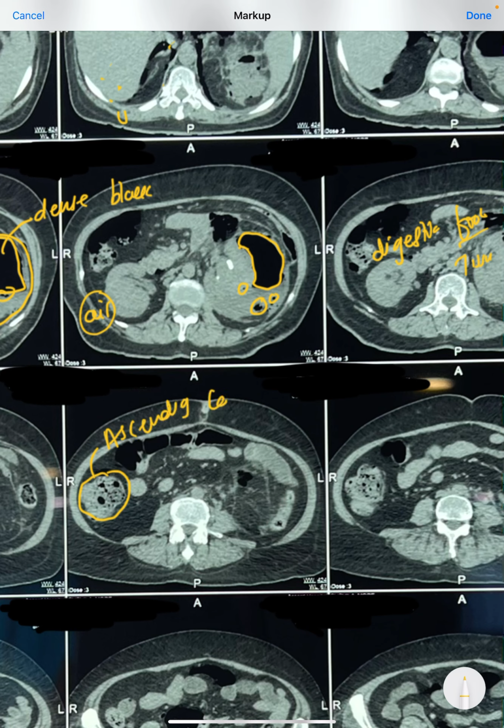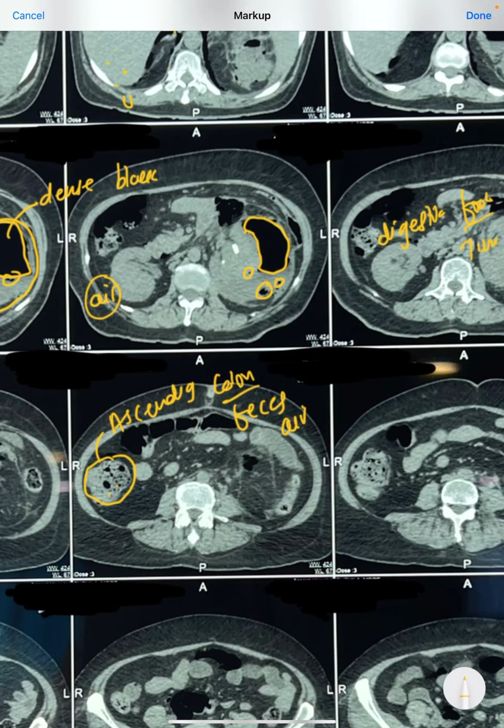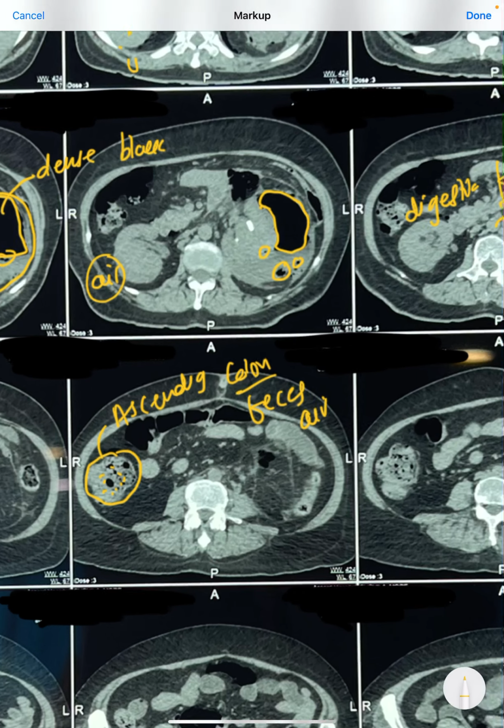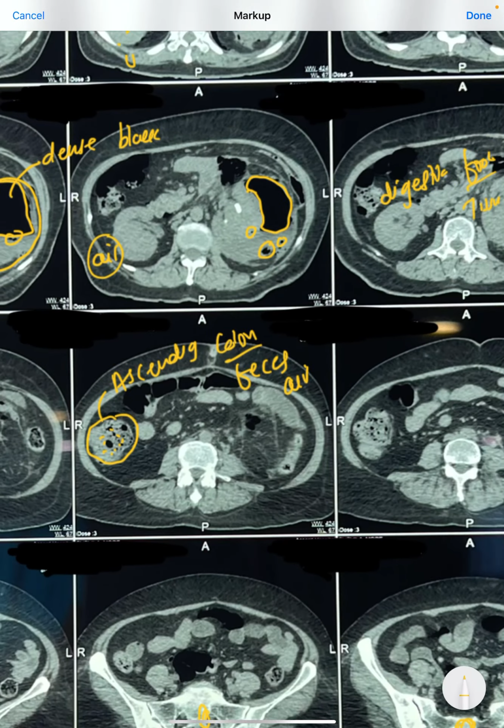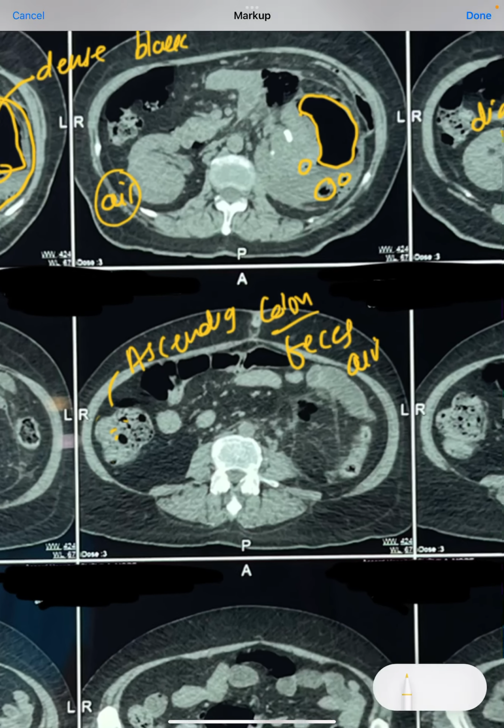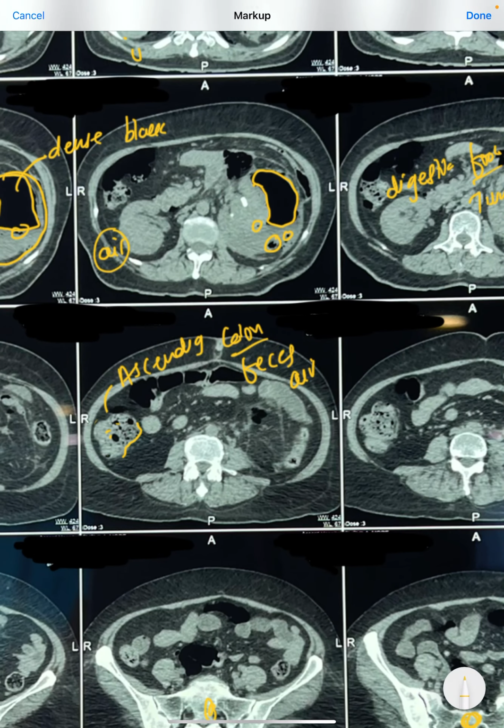The ascending colon will have feces and air. So feces and air, there will be dots. This is all feces laden gut. There is no inflammation, because if there is any inflammation, then automatically the gut wall will get very thick. In here, see, the gut wall is very thin. It is very thin.